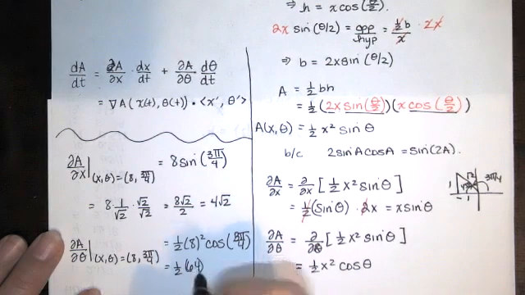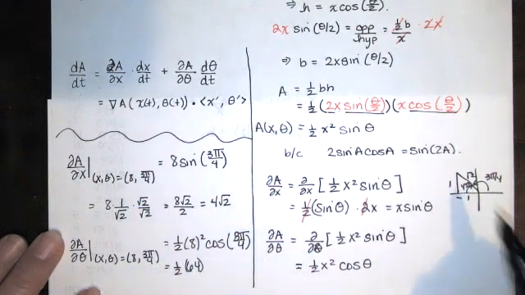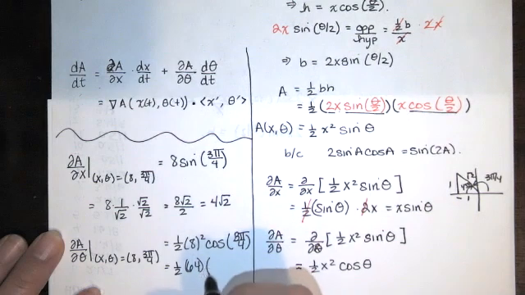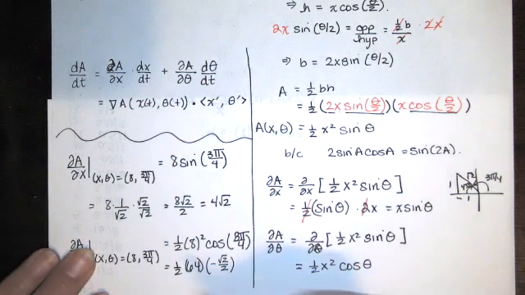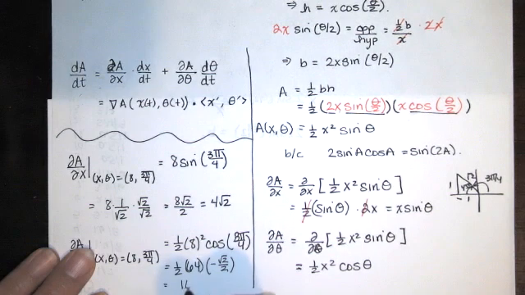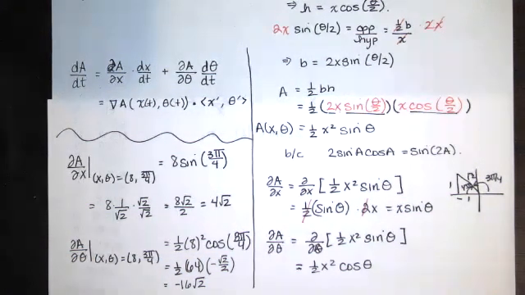Of course, 8 squared is 64. And cosine is going to be -1 over square root of 2, or if you rationalize, negative square root of 2 over 2. And what we end up with is the 64 divided by 4, which we know is 16, times a negative square root of 2. So we have negative 16 square roots of 2 there.